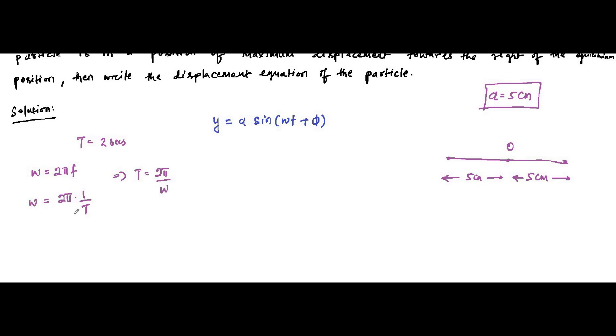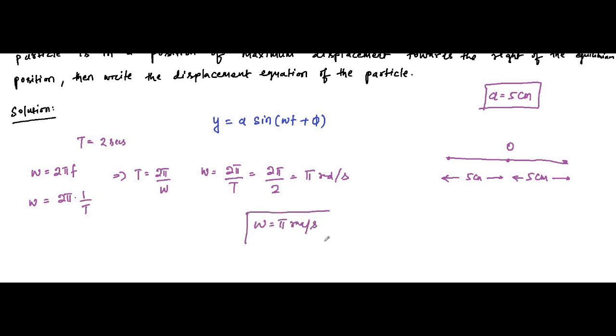So here if we put the value, omega will be equal to 2 pi by T. Here the time period is 2 seconds, so it will be 2 pi by 2, that is equal to pi radians per second. That is the angular frequency.